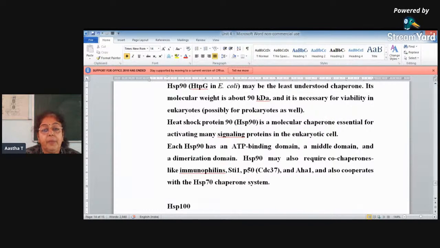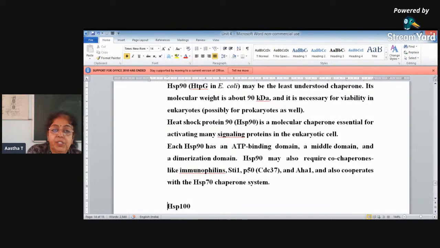It has an ATP binding domain, a middle domain, and a dimerization domain. So ATP is essential for its activity. It may require co-chaperones like immunophilins, STI1, P50, AHA1, and sometimes it cooperates with the HSP70 chaperone system.